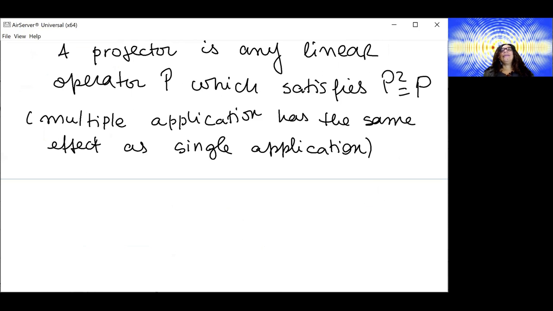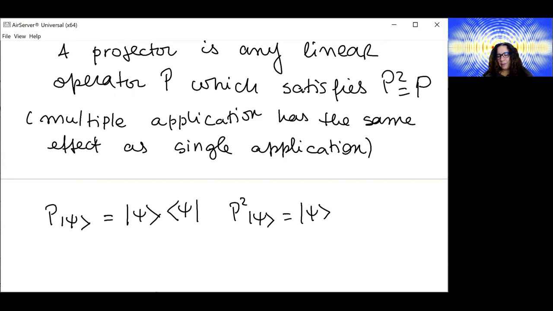How can you express this operator which projects onto a subspace in terms of bras and kets? Okay, so let's consider a ket psi. The projector onto this ket psi is given by this expression here. And we realize also that if you apply this twice, if you project twice onto psi, here you apply it once, here you apply it twice.